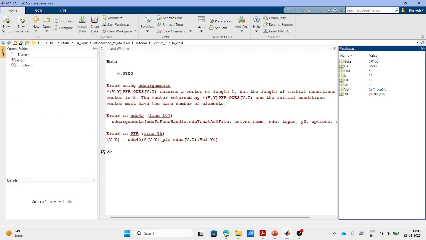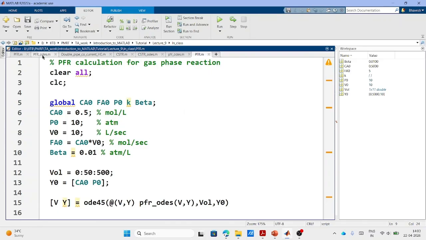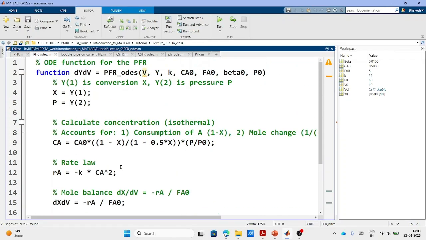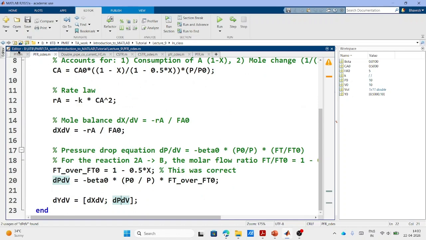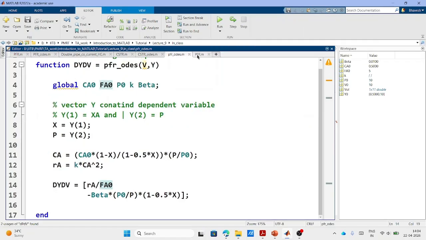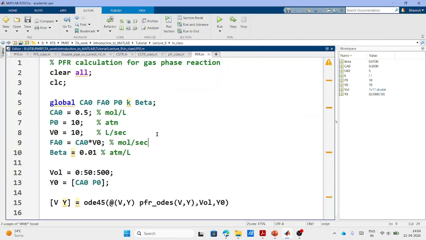Again, I'm making some sort of a mistake in how we define this. Yeah, I realized it. Okay.